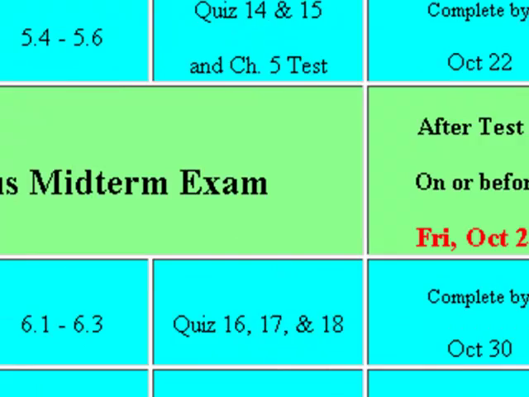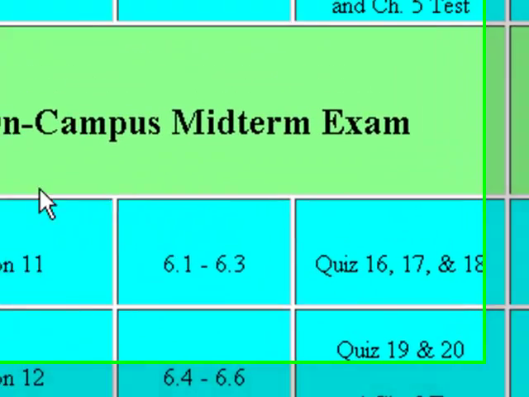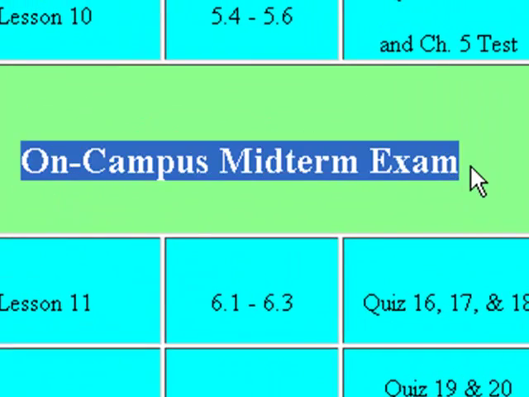Let's see. On down. Oh, here it is. On-campus midterm exam. Now, this is a Norco College generated course, because I'm a professor at Norco College. So that's where we hold our exams. If you have difficulty making it there, then you need to let me know and tell me why. But I'm expecting you to be at Norco College for these exams.